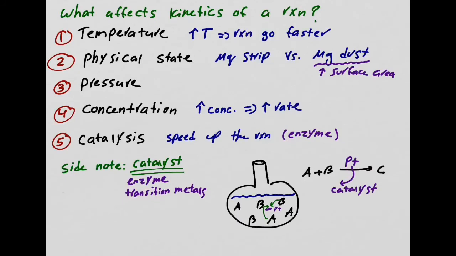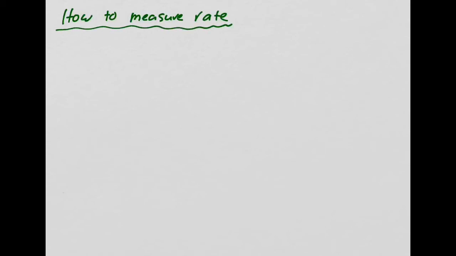All right, now let's go to the next part. So now that you know what kinetics is, the speed of the reaction, how fast the reaction happens, and now that you know what affects the kinetics of the reaction, the next thing we're going to do is how to measure rate. How to measure rate. Okay? There are two ways we can measure rate.